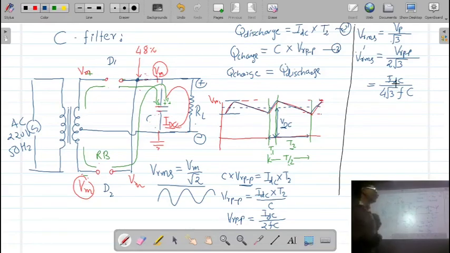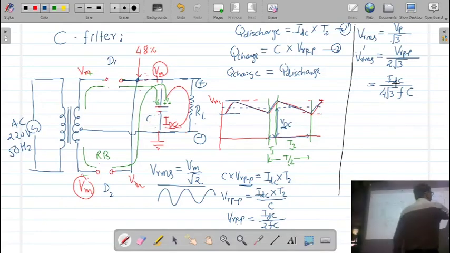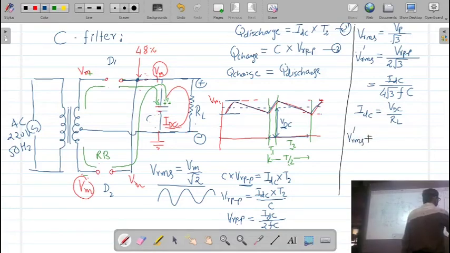So what is the relation between the IDC and VDC? IDC is nothing but it is given by VDC divided by RL. So ultimately now the formula will be V dash RMS equal to VDC upon 4 root 3 F RL into C.